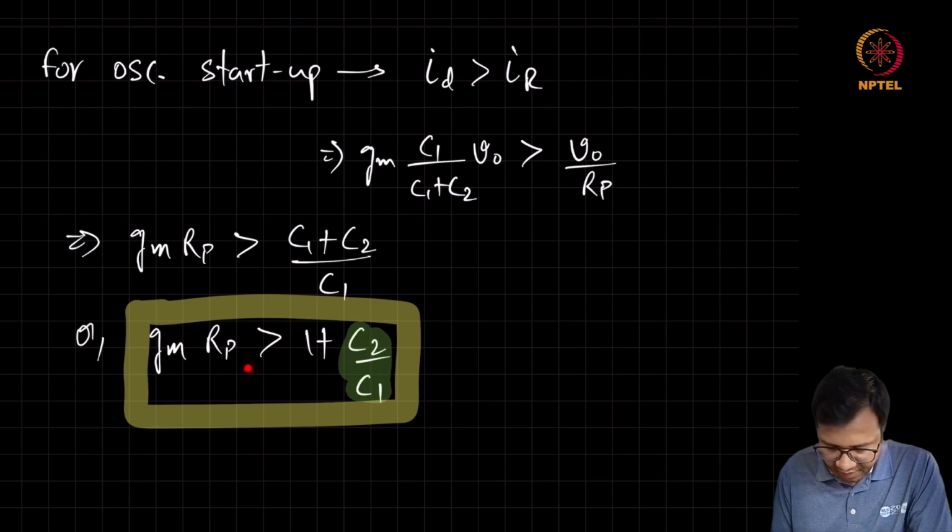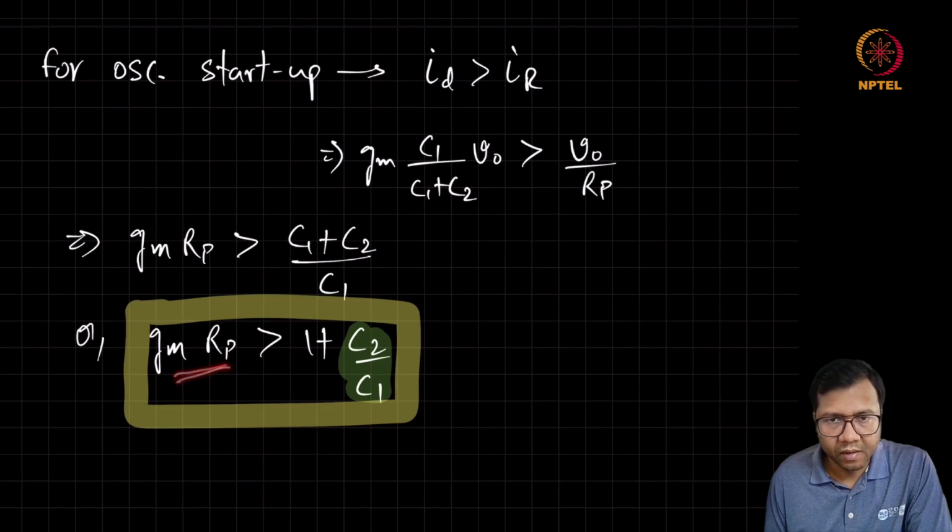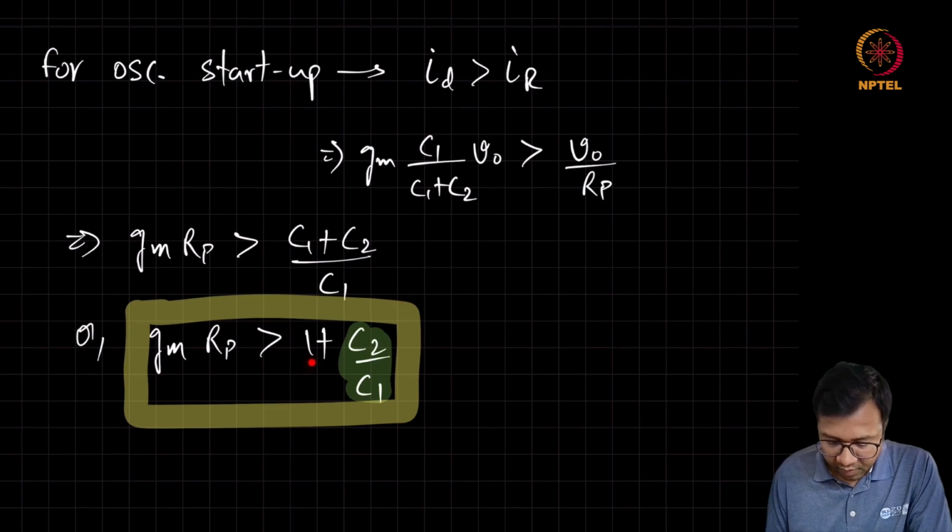So here we can see that this startup condition is coming out to be more stringent as we got in the case of cross-coupled LC oscillator. There we had GMRP to be greater than 1, but in this case it has to be greater than 1 plus this ratio C2 by C1.